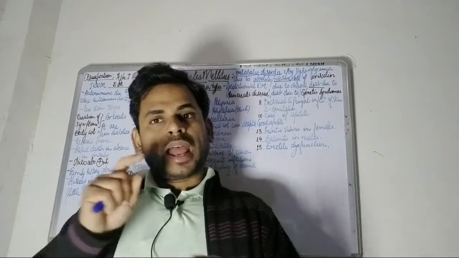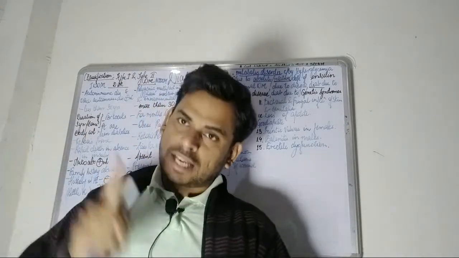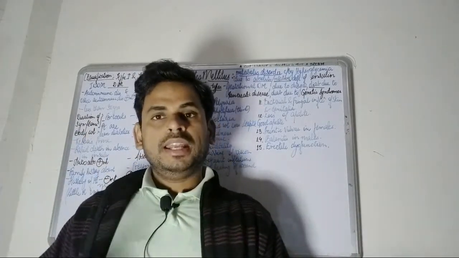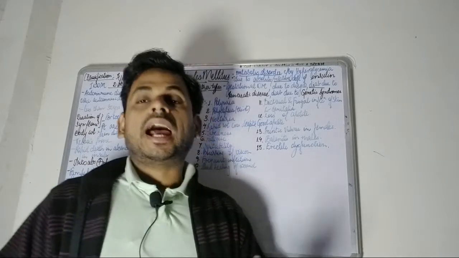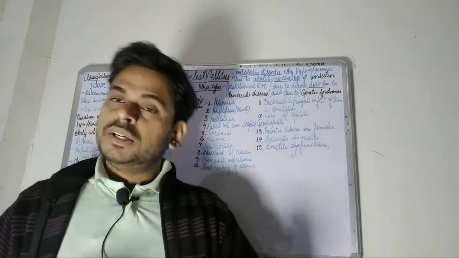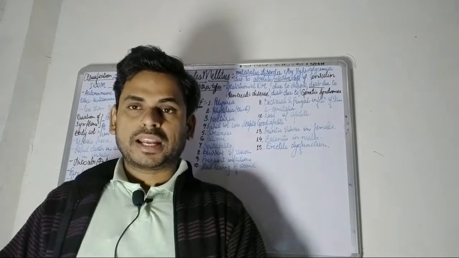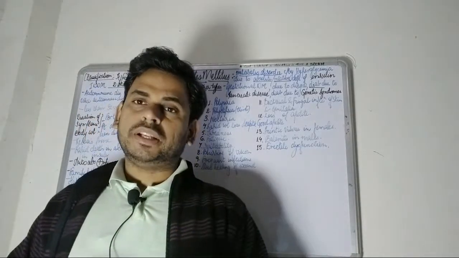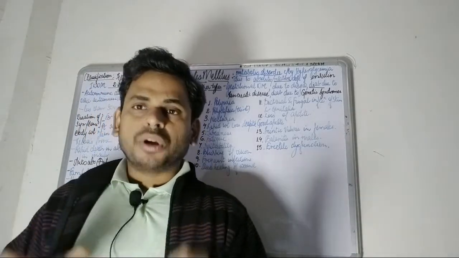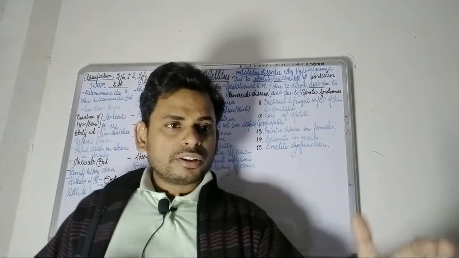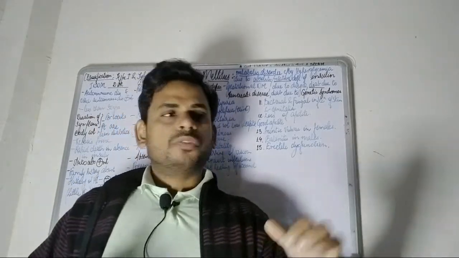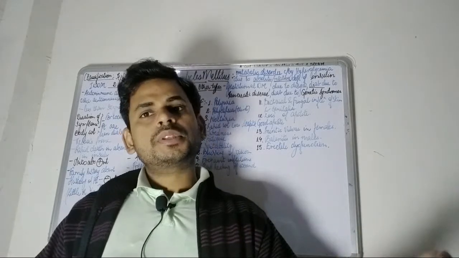So absolute deficiency is when the pancreas is absolutely incapable of synthesizing insulin, and relative deficiency refers to insulin being produced by the pancreas, but the quality of the insulin is not capable enough for the uptake of glucose by the cells.